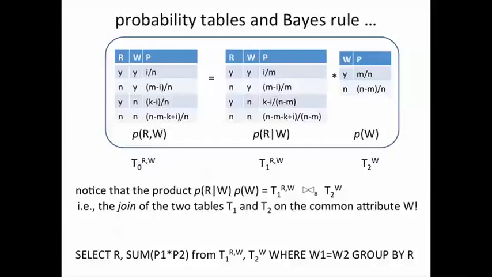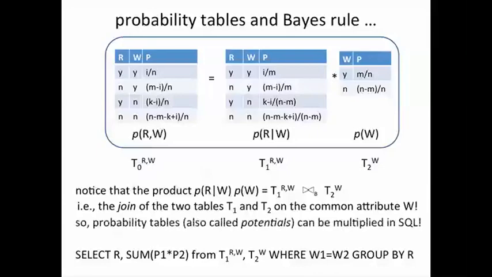Similarly, for the case of rain being no, one can work it out that the result of the SQL will get the correct value n minus k over n. To conclude, we can multiply probability tables, or rather potentials as they are often called in the probability literature, using SQL.